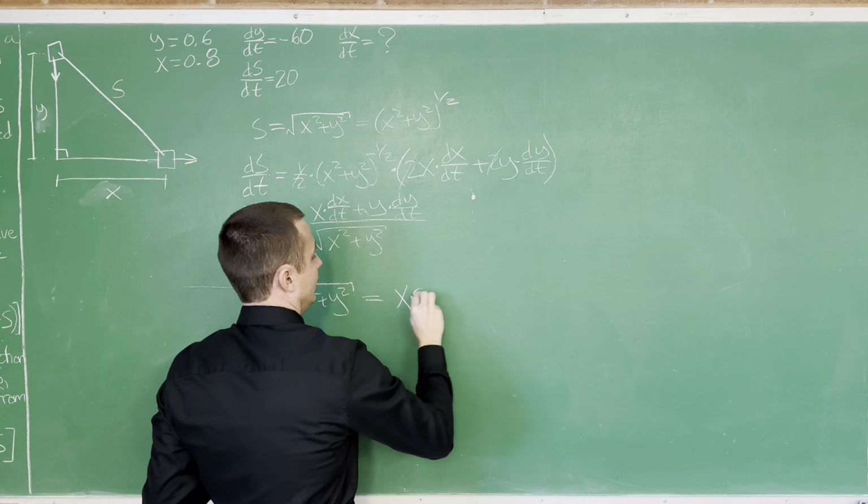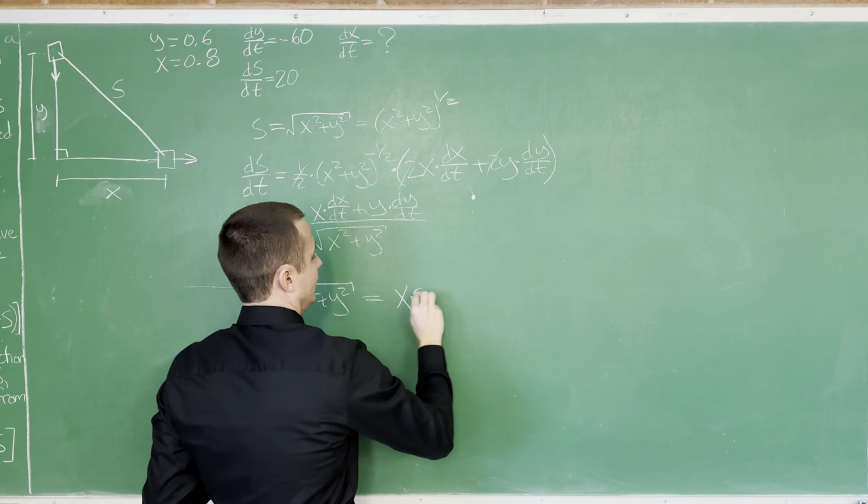Okay, that makes sense. So we're going to get ds/dt times... I'm tired of writing this. What is 0.8 squared? 0.64. What's 0.6 squared? 0.36. And what's 36 plus 64? 100, but then 1 when we shift it.